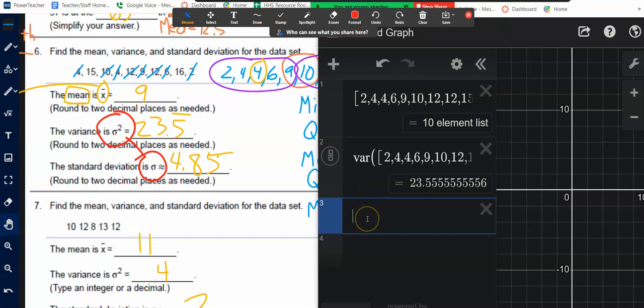Now, you could type SQRT. You can also find the actual keyboard on Desmos, and I think you click on that button at the bottom of the screen, which is kind of off the viewing window.